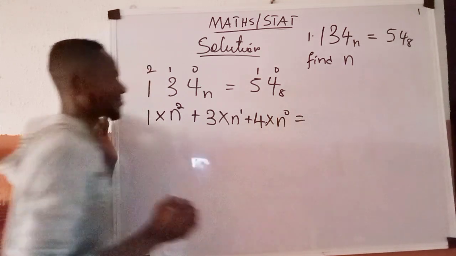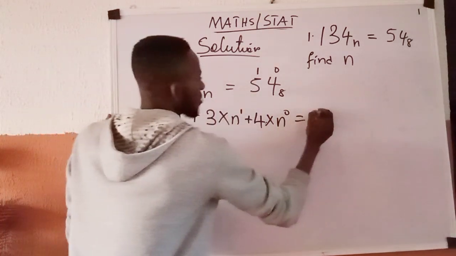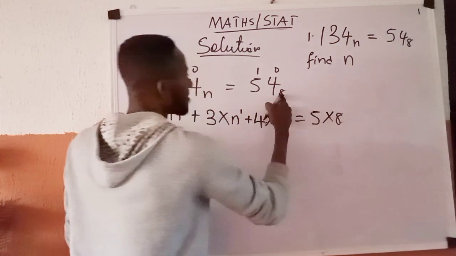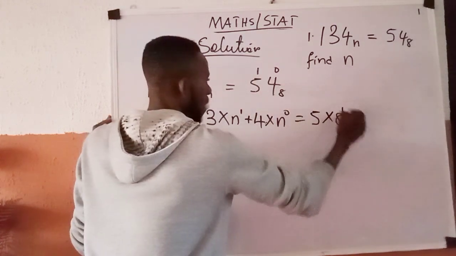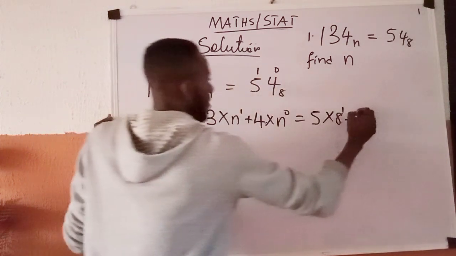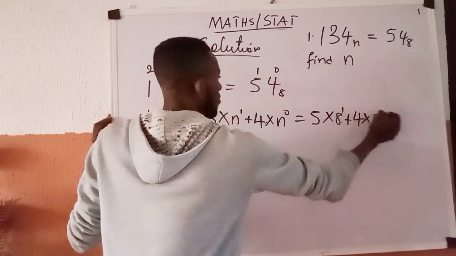This equals 5, the first number here, multiplied by 8, the base, raised to the power of 1, plus the last one, 4 times 8 raised to the power of the position, 0.